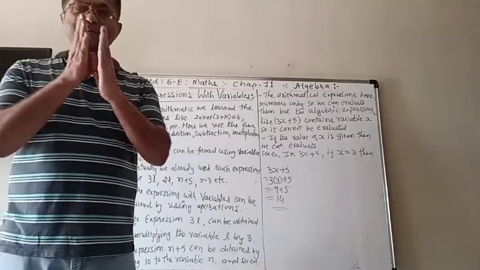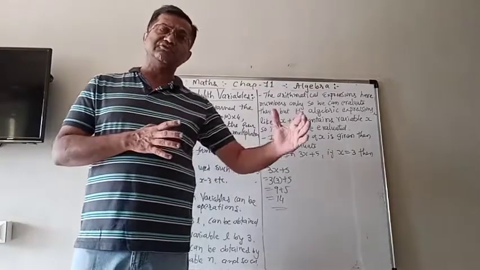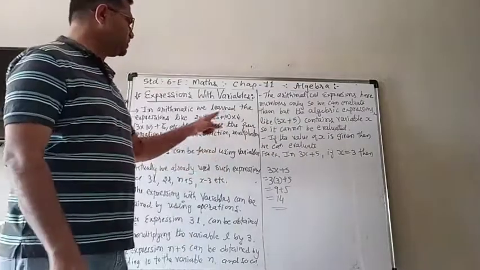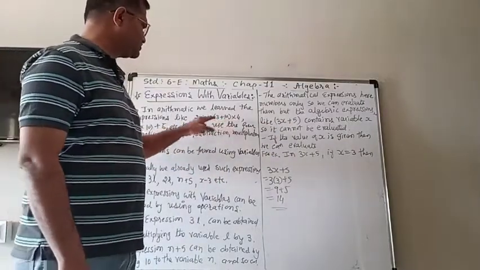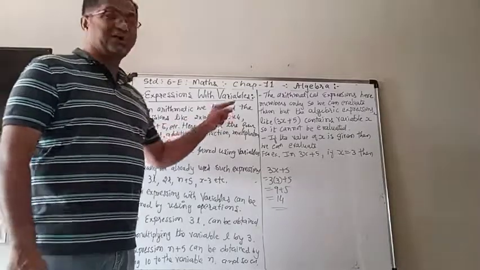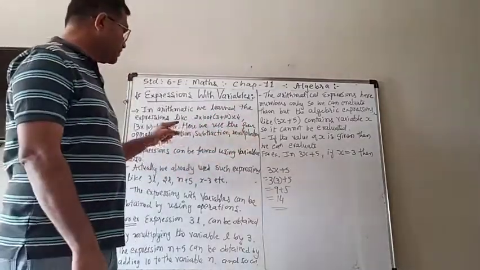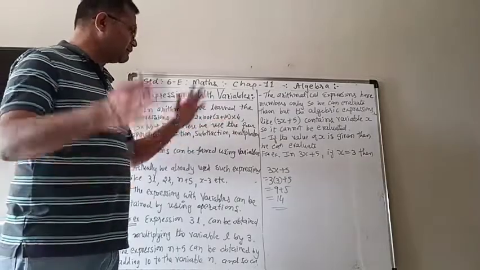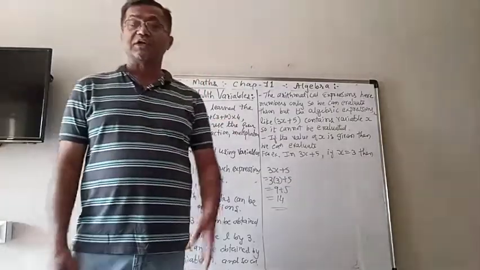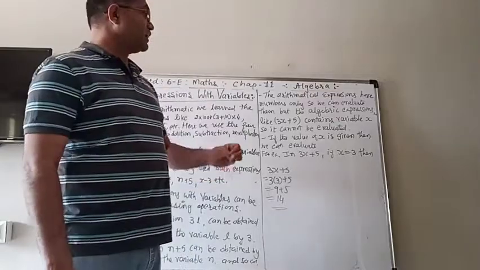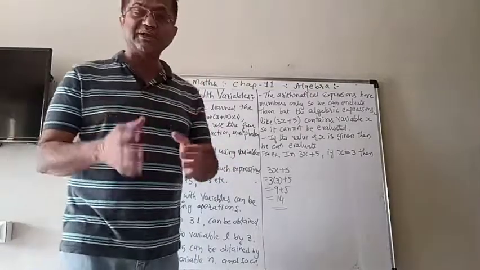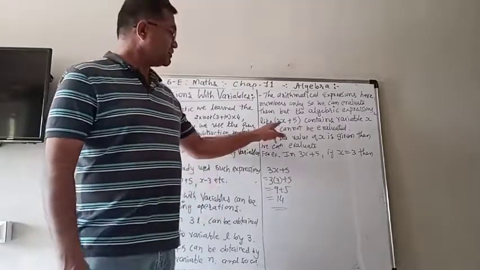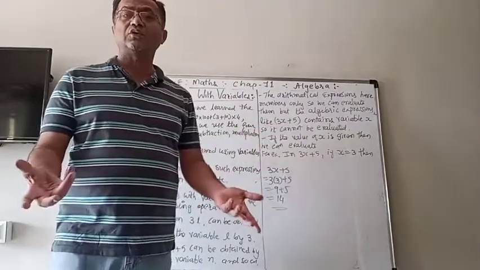Now the most important difference between arithmetical and algebraic expressions. Arithmetical expressions, we can evaluate by doing the operations, like 2 multiplied by 100, then 3 plus 10 multiplied by 4, and then together. We can evaluate it, right? But for algebraic expressions like 3x plus 5, we don't know the value of x.